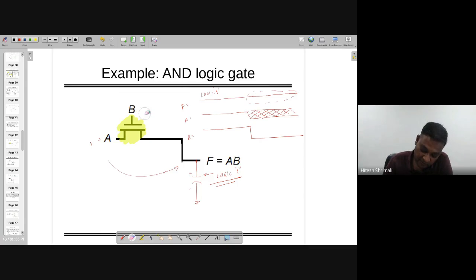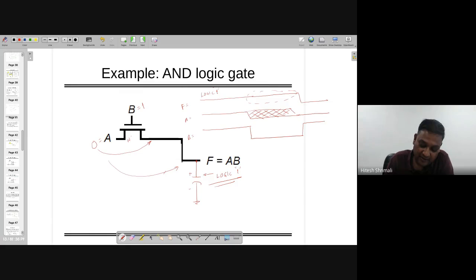However, if B equal to 1 and A equal to 0, then this particular node comes down to 0, because now this transistor is not in off mode, but it's in on mode, where it's giving this 0 volt to here, with the fact that there is some RC time constant.